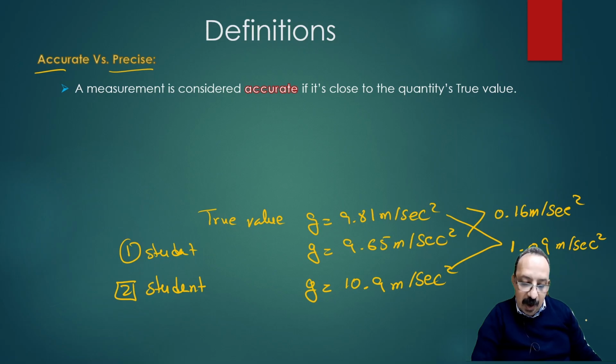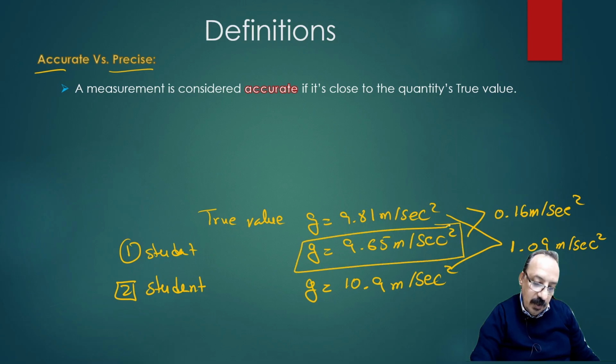Okay, now we can say that the measurement by student one is more accurate than student number two.